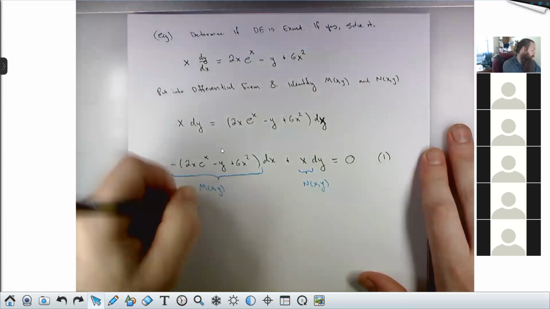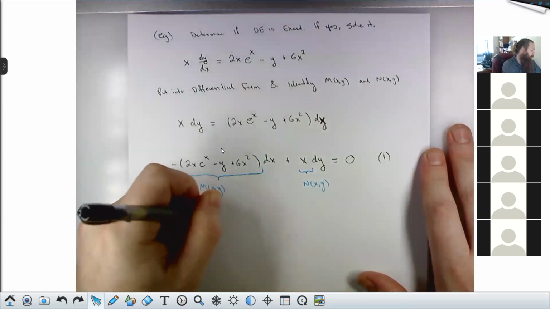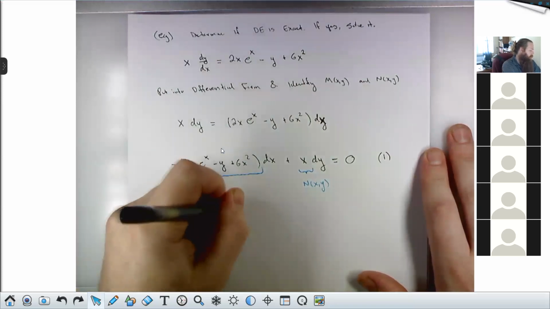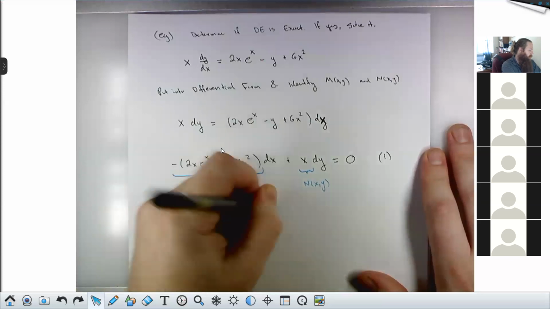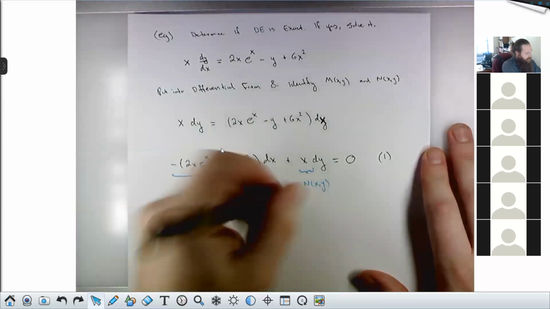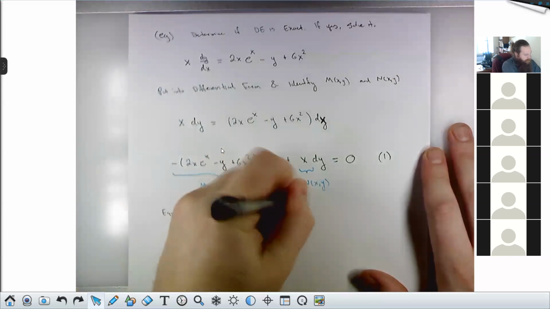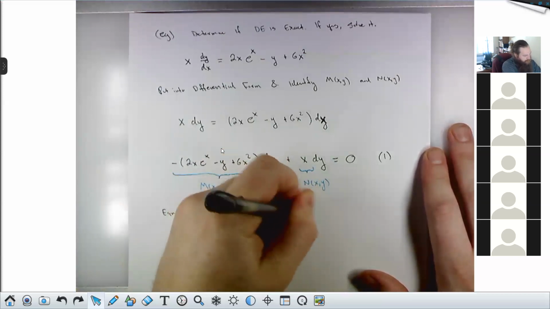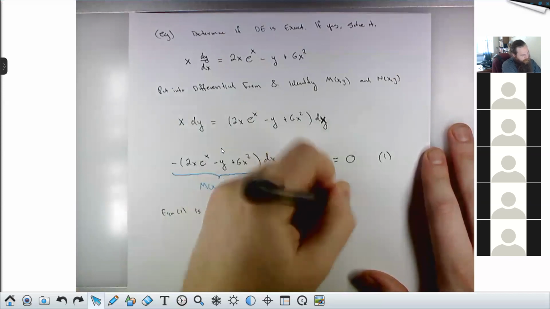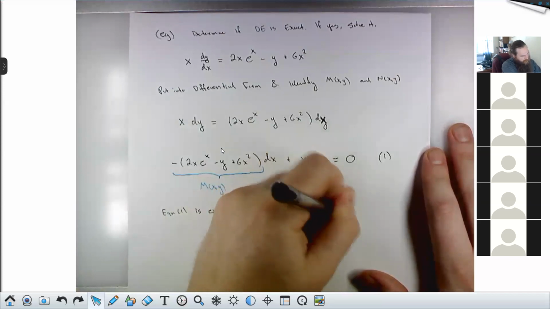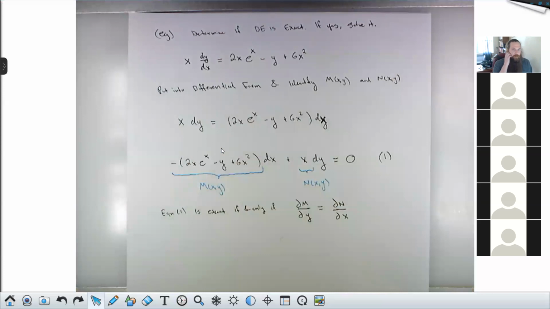Equation 1 is exact if and only if, I'll write it in the curly notation, even though I really dislike that. And I want to say one more time that it's actually the same condition as one of the Cauchy-Riemann equations from complex analysis.